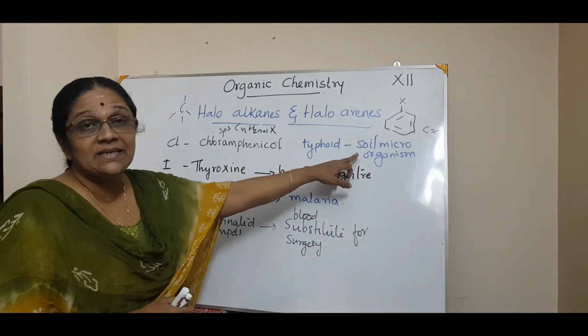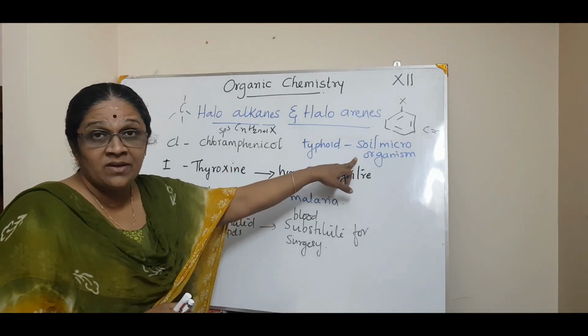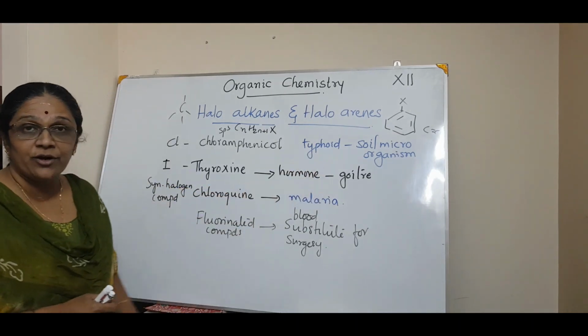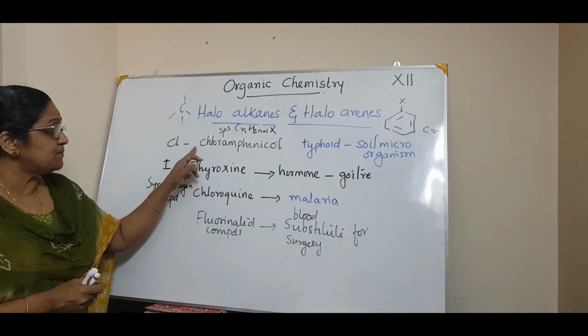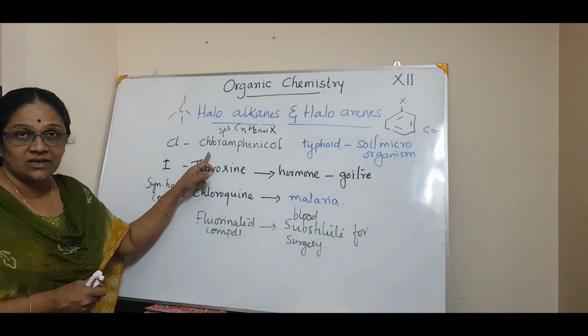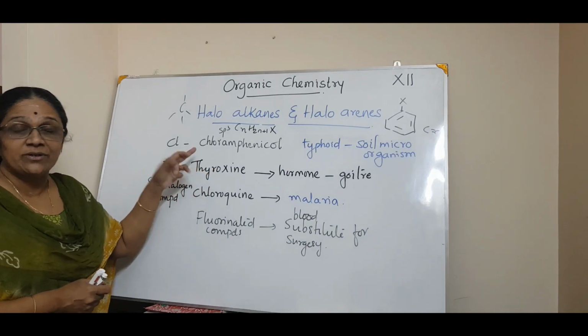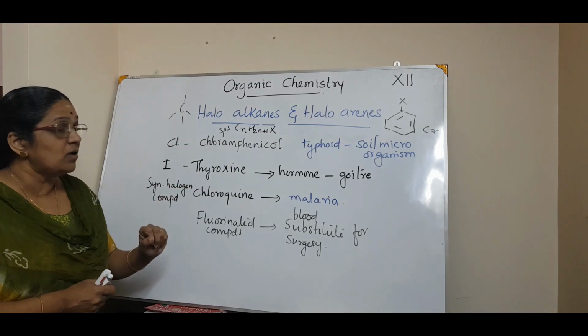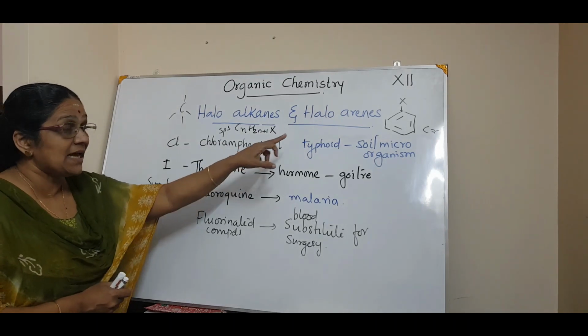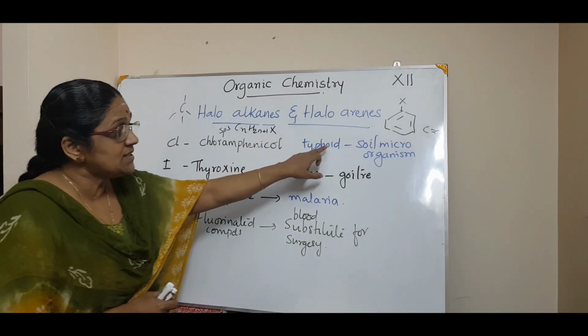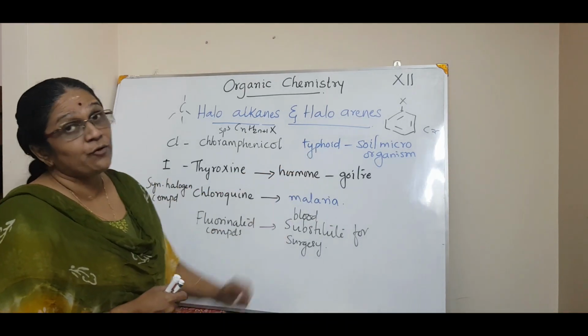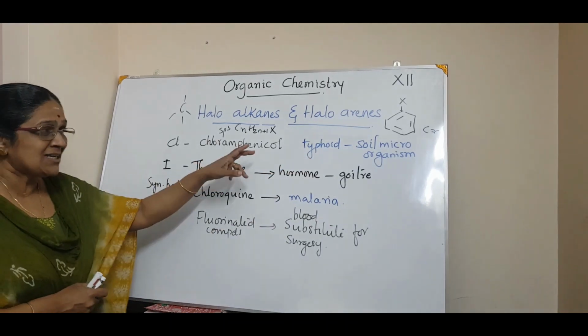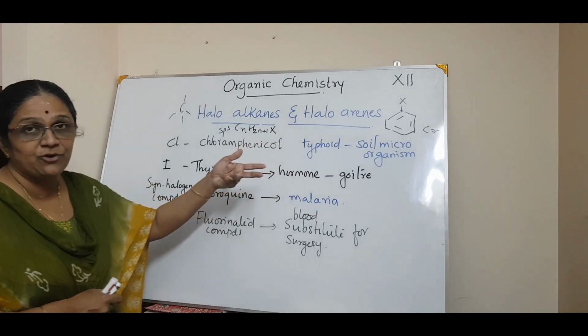It is produced by soil microorganisms and is used for typhoid fever. This medicine is an antibiotic. The antibiotic which contains chlorine is called chloramphenicol. Phenicol, that is arene, which is used for the treatment of typhoid fever. That is natural; the soil microorganisms produce it.